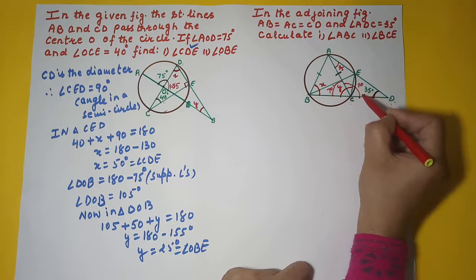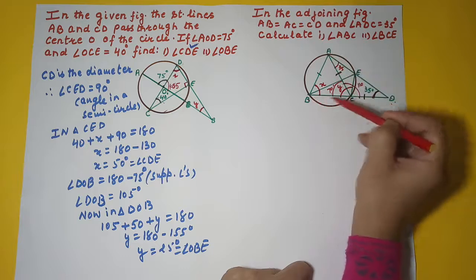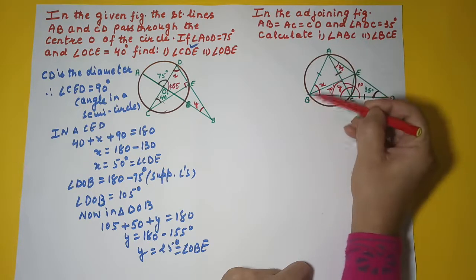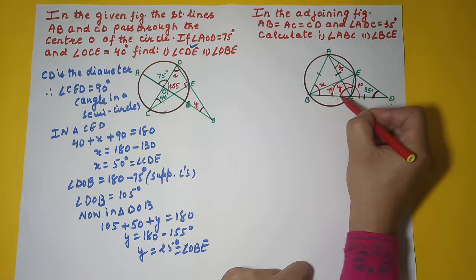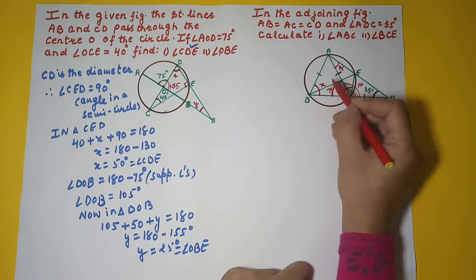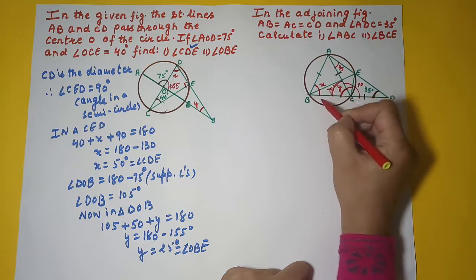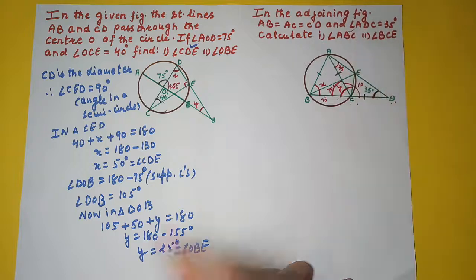Again, supplementary angles. This angle plus this angle is 180. So now look at this triangle ABC. In this, AB is equal to AC. So does that mean this angle is equal to this angle? So if this is 70, this angle will also be 70. So we have found this ABC.